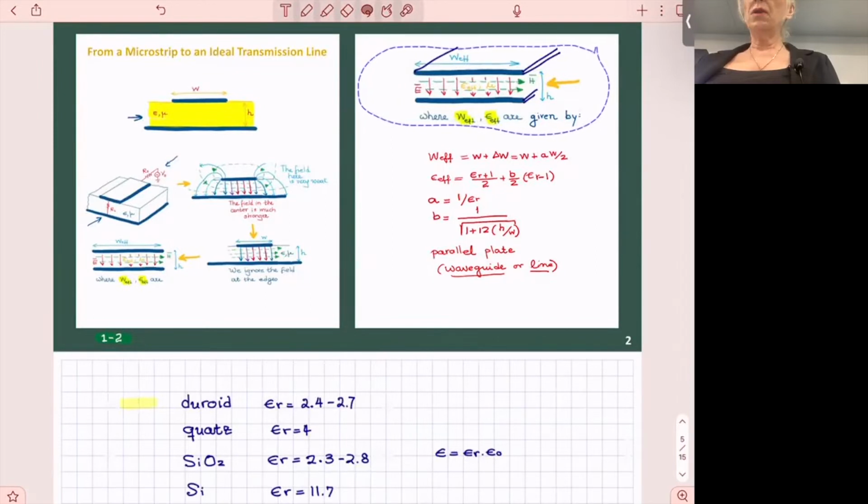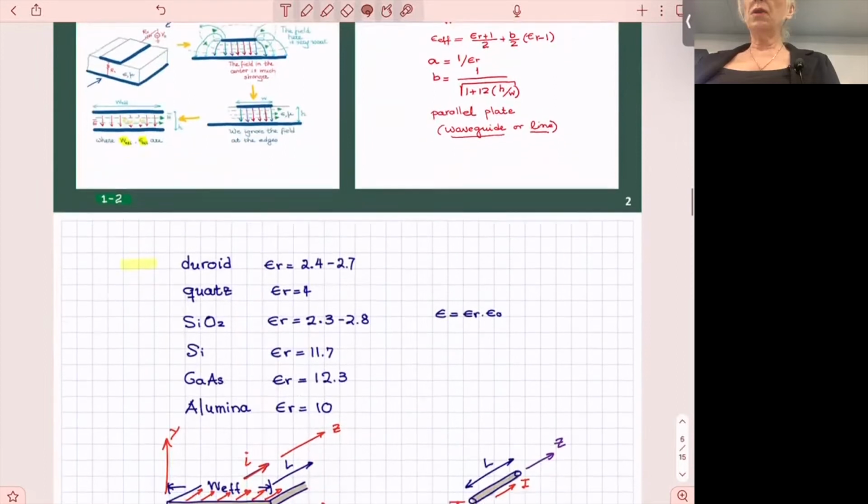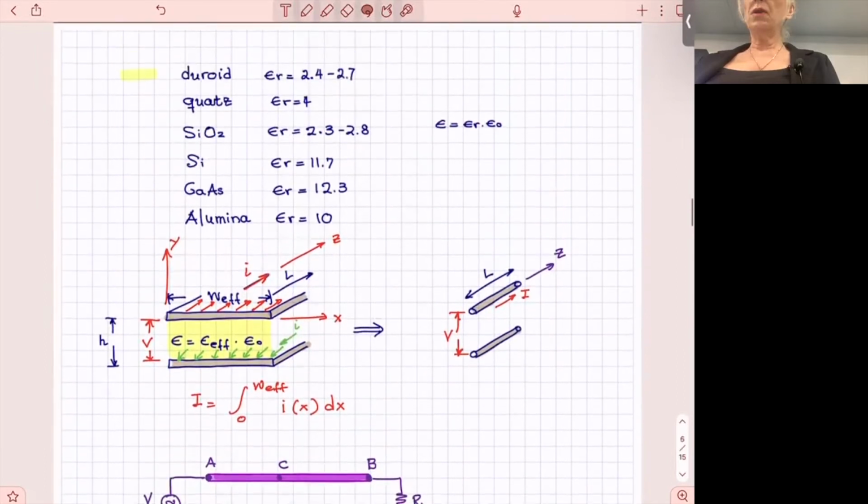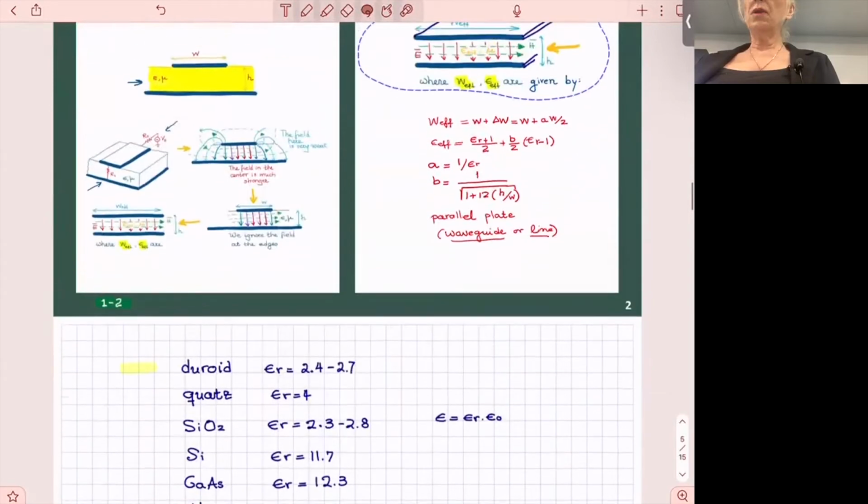And we assume that these are the same ideal parallel plate conductors that we have seen when we calculated the capacitance. At the same time, because there is a current that flows, this one carries also an inductance. So it's a capacitive and an inductive line.